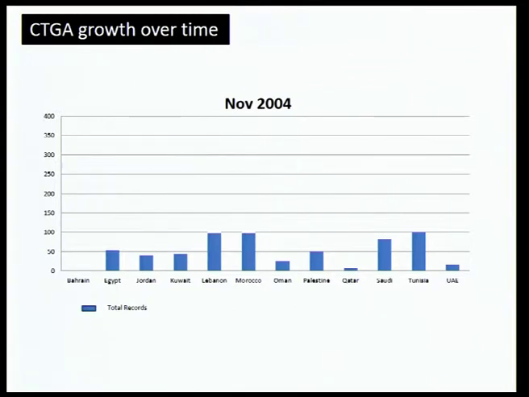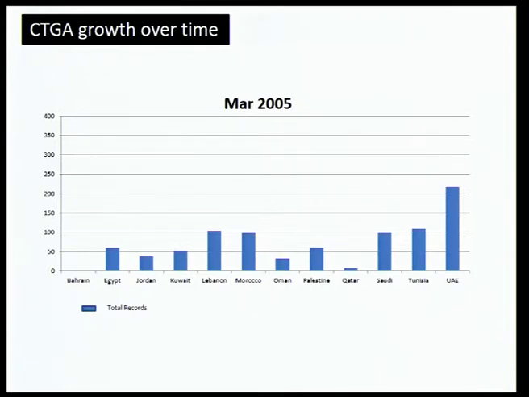So we can see that data from countries like Bahrain were almost missing. UAE was also not too much. The first thing, because the center is located in Dubai, was to try and collect data from the UAE, and that led to the rapid development of the number of records from the UAE.